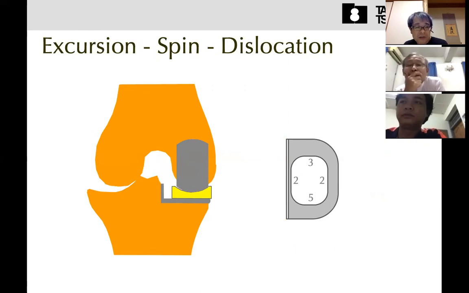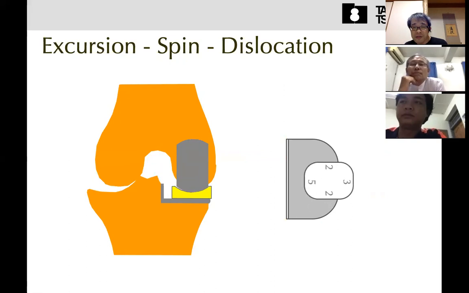In contrast to lateral, medial placement is also dangerous because, as I said before, the anterior height is 5 millimeter higher and the posterior side is 3 millimeter higher. Oh, this is a wrong number. Only 1.5 millimeter higher on both sides. So this separation between the lateral wall and the bearing can cause the spinning like this.